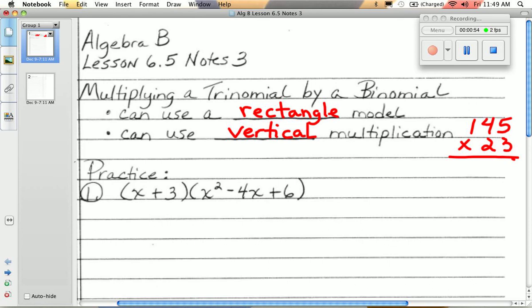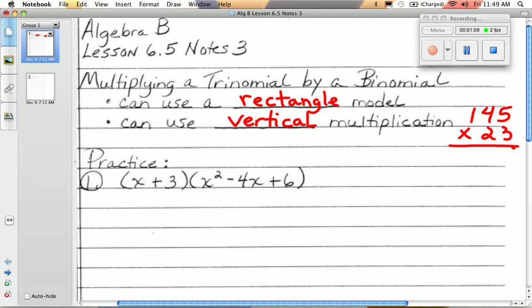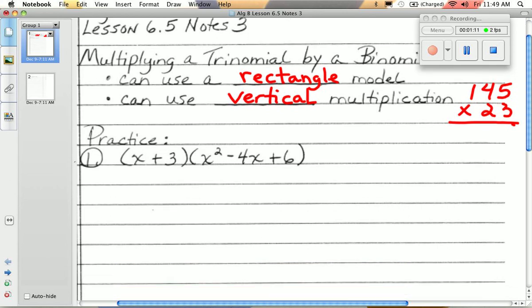We take 3 times the 5, and then we end up having to carry something, which we won't have to do in this. We don't have to do any carrying in polynomial multiplication. But so this will look familiar to you because we're already familiar with vertical multiplication. And really what you might not have done is any rectangle multiplication using the rectangle model.